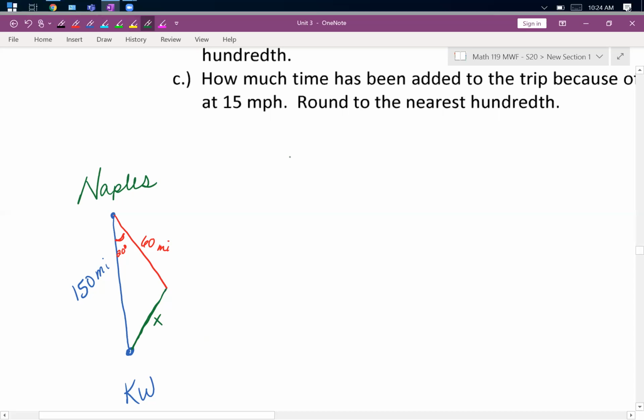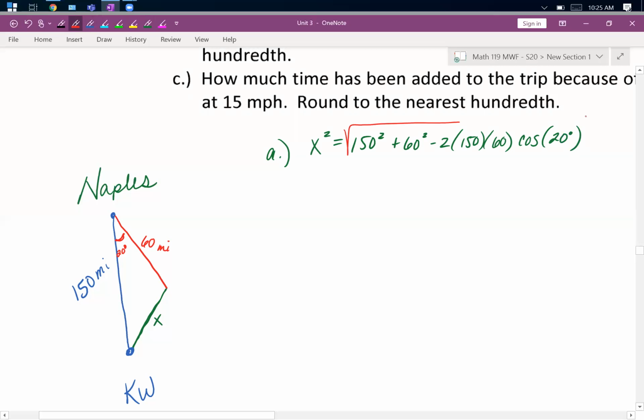So we can start by solving for x. So x squared is going to be equal to 150 squared plus 60 squared minus 2 times 150 times 60 times cosine of 20 degrees. Personally, if I was doing this, I would shove this whole thing in my calculator at once with a square root over top, because obviously to find x, we're going to square root it. So I would just do square root and then that huge thing and just plug it in my calculator all at once.